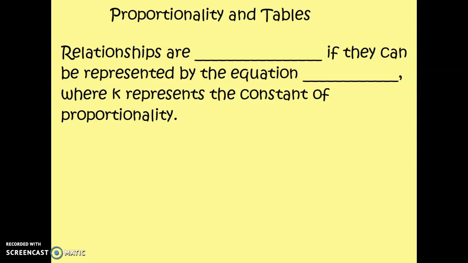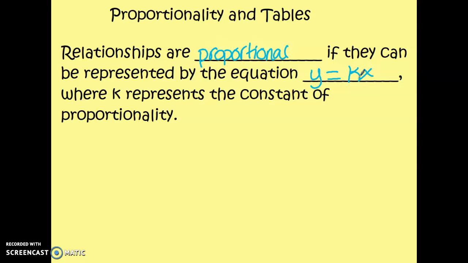Okay, so today we're going to be looking at proportions and constant proportionality with tables. So this says relationships are proportional if they can be represented by the equation y equals k times x, which we talked about on the last video.